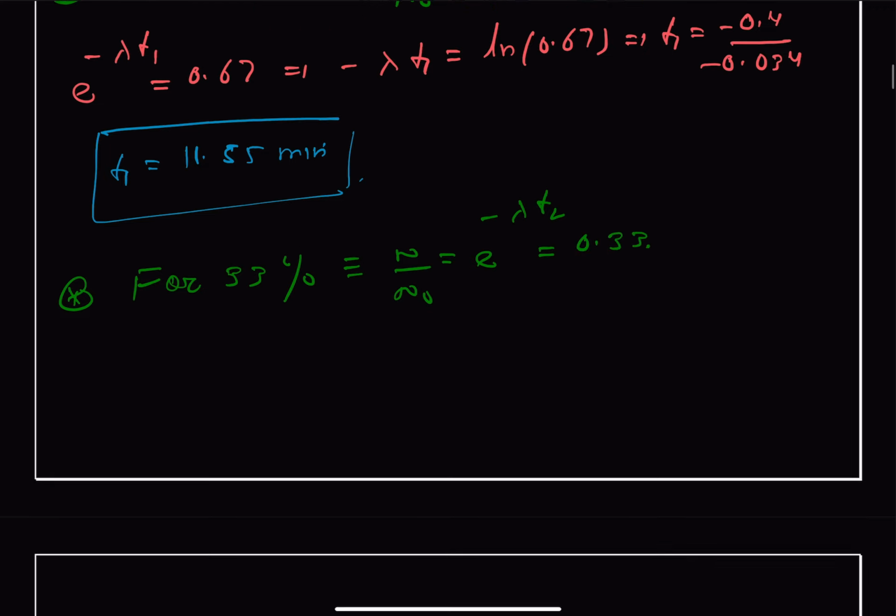Taking natural log both sides, we get minus lambda t2 is equal to natural log of 0.33, which gives us that t2 is minus 1.108 divided by minus 0.034.